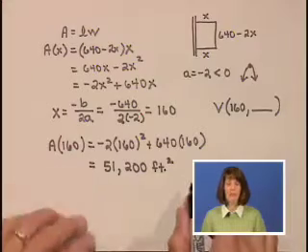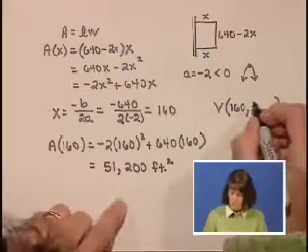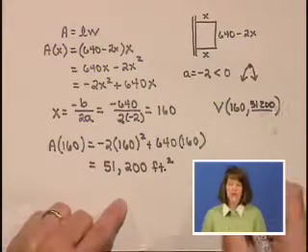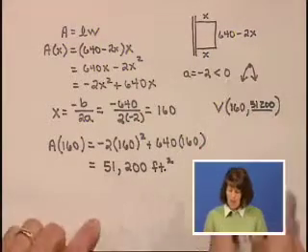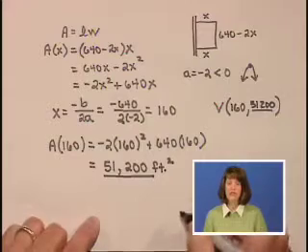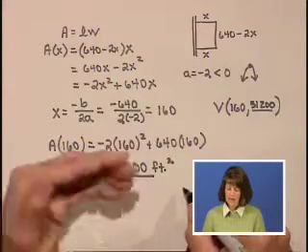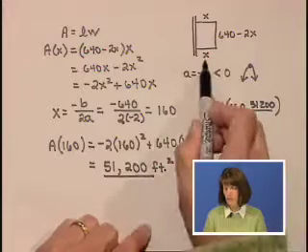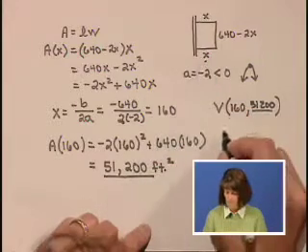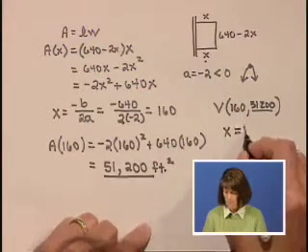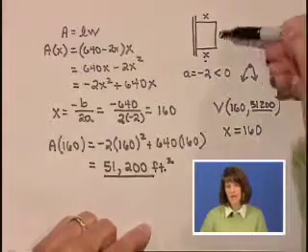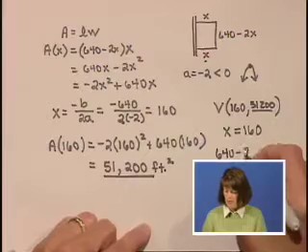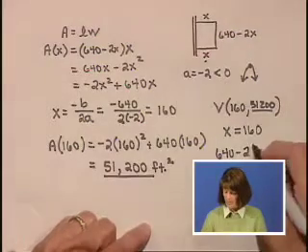So let's make sure we've answered the question. The question was, what is the maximum area for this parking lot? Well, our maximum area is 51,200 square feet. That occurs when we've got dimensions in here of x equal 160, and that other dimension then is 640 minus 2 times 160.